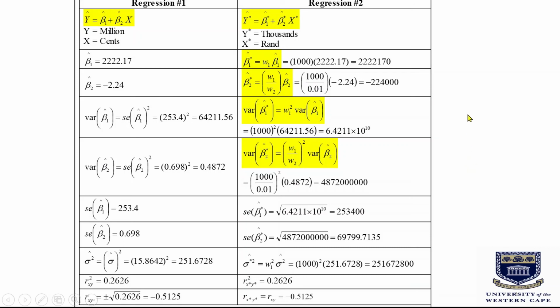This slide just gives you the answers. I won't go through them. This is literally just plugging in W1 and W2 into the formulas. And the most important thing is that you know how to arrive at those values for W1 and W2. Once you have those, and you want to rescale your estimates and your standard errors, it's just a matter of plugging values into formulas.